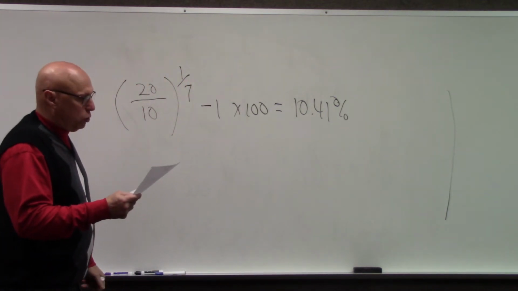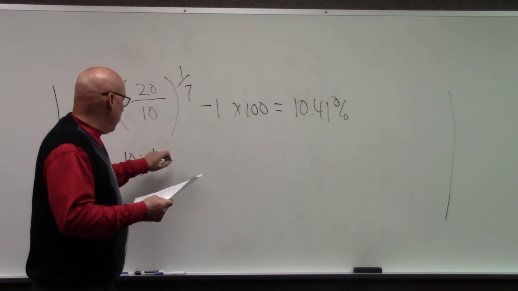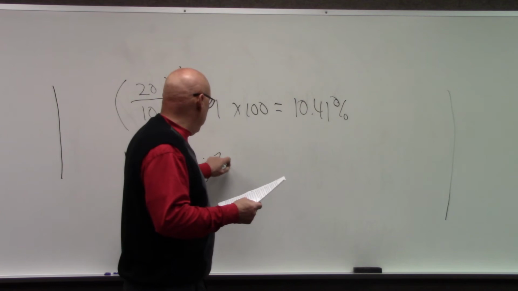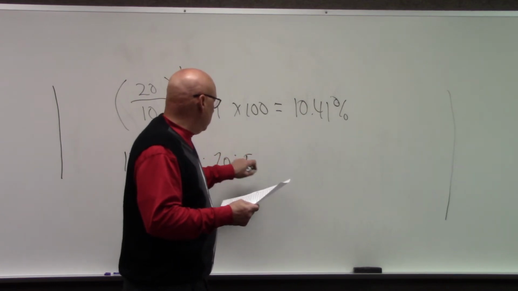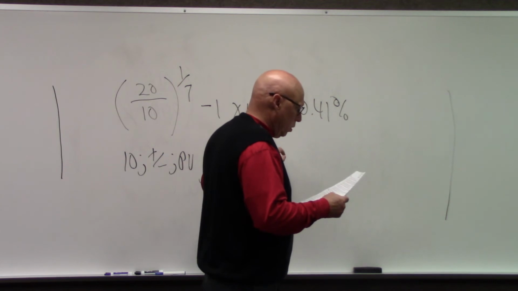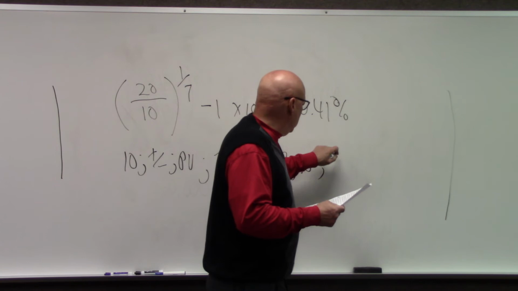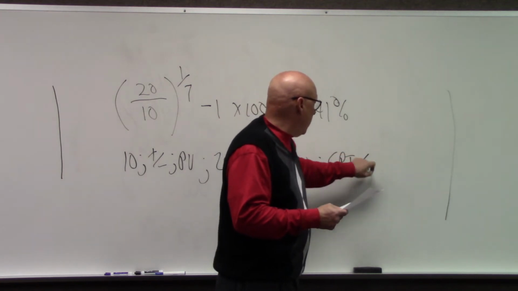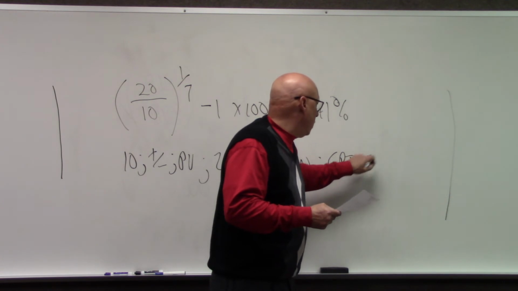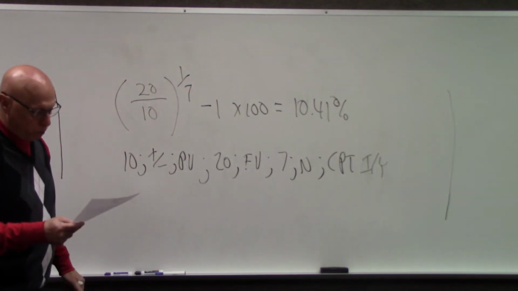Using the financial keys, 10 plus minus is your present value. 20 is your future value. 7 is your N. Compute IY. And you should get 10.41%.